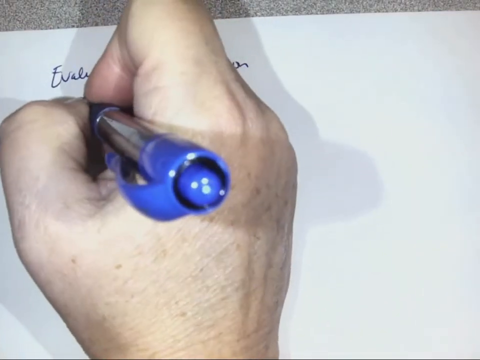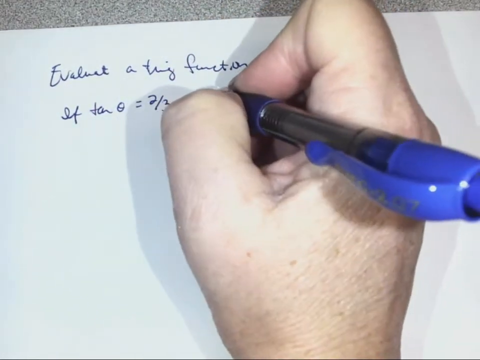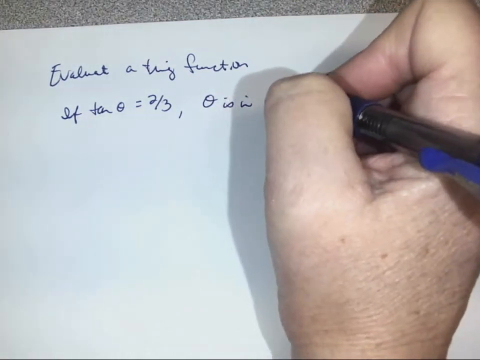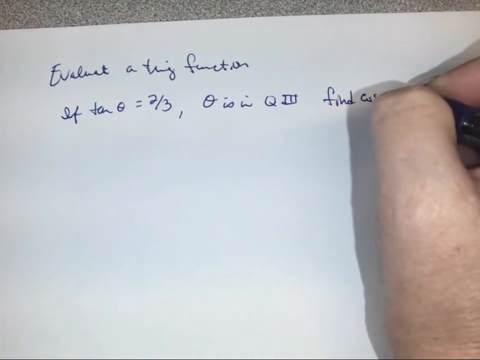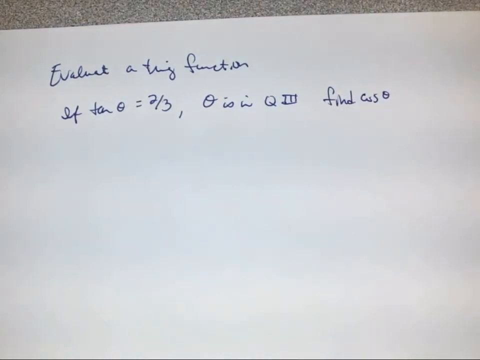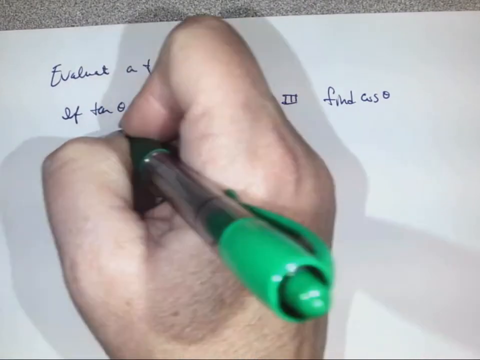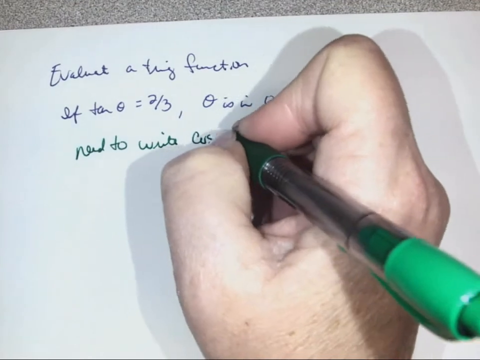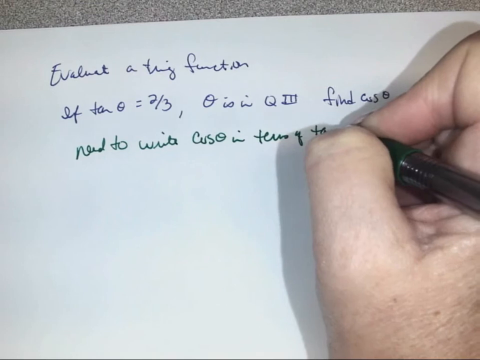So if tangent theta is equal to 2/3 and theta is in quadrant 3, we want to find cosine of theta. So what we need to do is write cosine theta in terms of tangent theta.